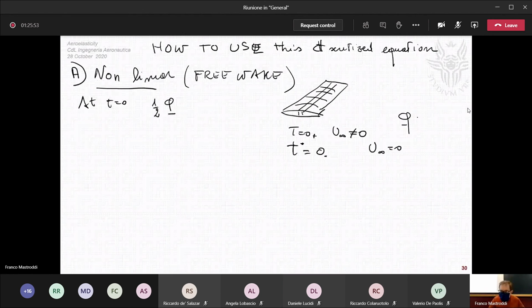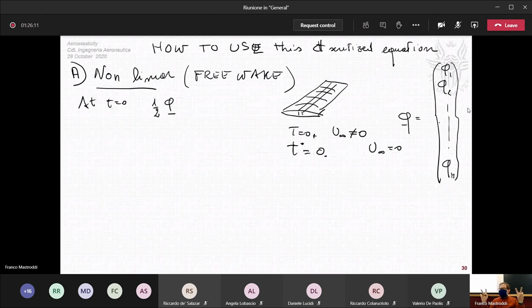Vector means phi1, phi2, phi m, it is not a physical vector. It is a fruit of discretization. For this reason, I call it vector in quote. So 1/2 this vector is equal to B matrix applied to key vector. Again, key is a time vector, and I am evaluating this at time equal to 0.